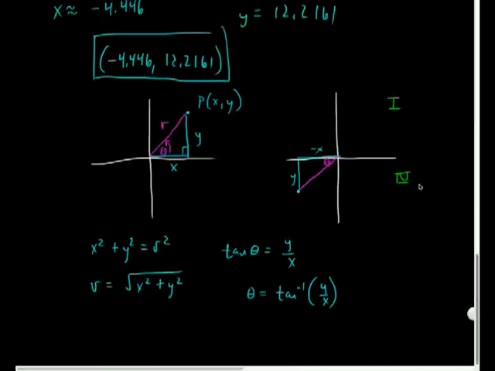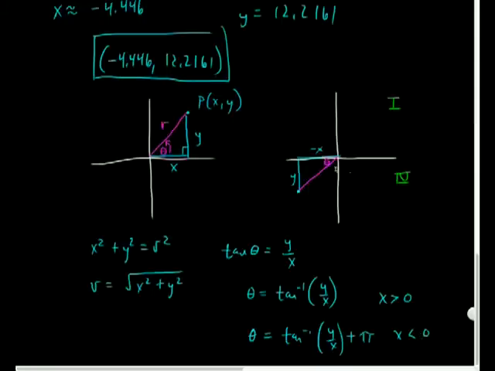So this one is for when x is greater than 0. Otherwise, theta is equal to tan inverse of y over x, and outside the parentheses, plus pi, or 180 degrees, whenever x is less than 0.